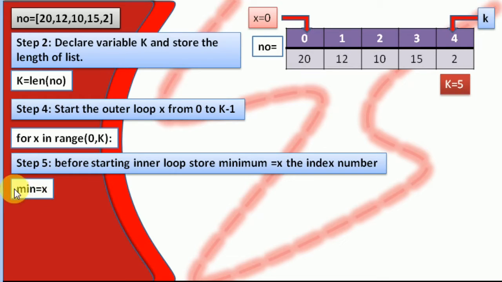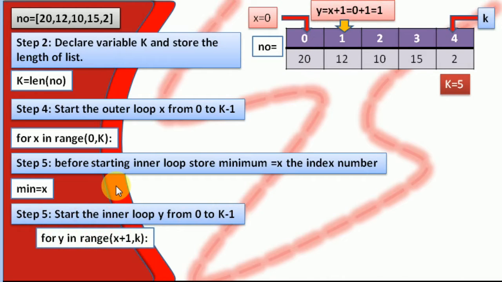We assume that the index value given by this outer for loop to the minimum is the minimum value. At the start, for x in range, what is the first one? That is 0. We assume that this is the lowest value. So we store the position of that. The position is x, and x provides us the index value. So minimum is going to store 0 the first time.